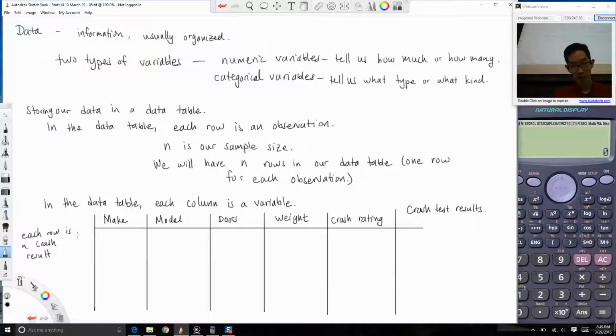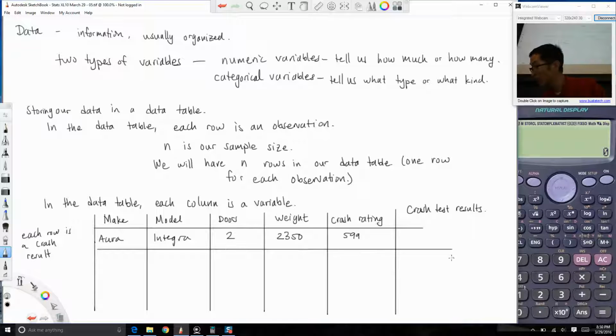So we have something like the Acura Integra, which has 2 doors, weighs 2,350 pounds, and had a crash rating of 599. I don't know if that's good or bad.